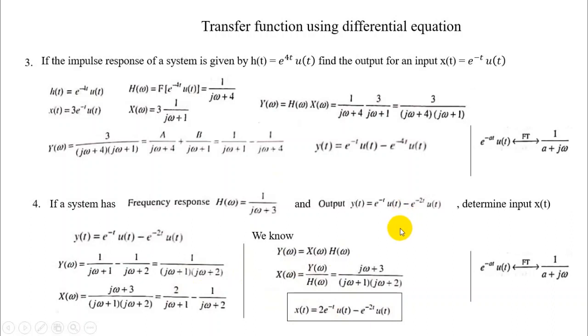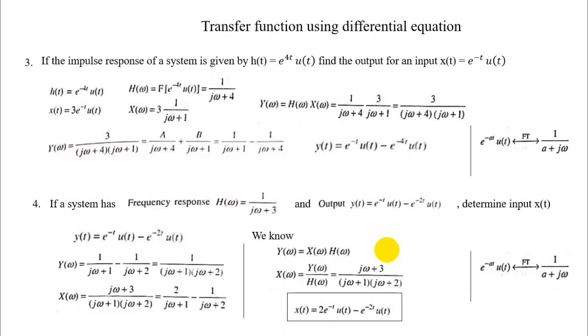I will request you to practice more and more. In the process of finding the output of a system in the time domain, you need to determine either the transfer function or the impulse response in accordance with the input or output.